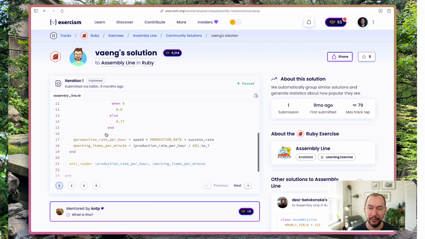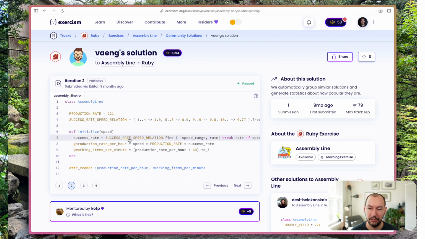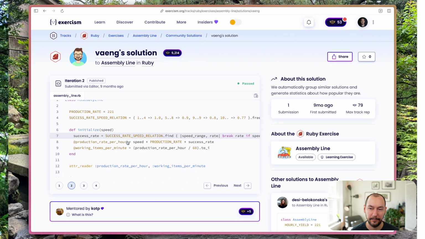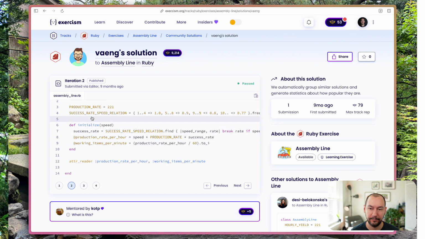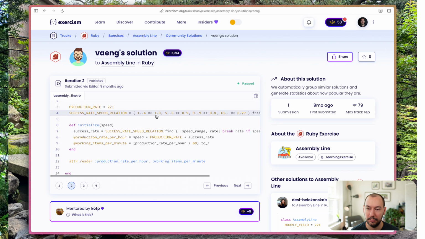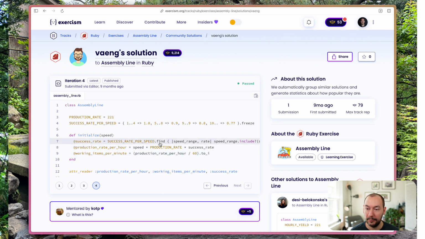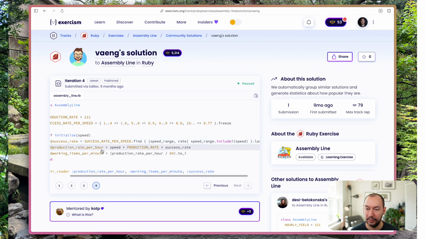These are instance variables? That has some interesting. So they ended up creating a hash for the speed relation. This is curious to me. And then they look up in the hash.